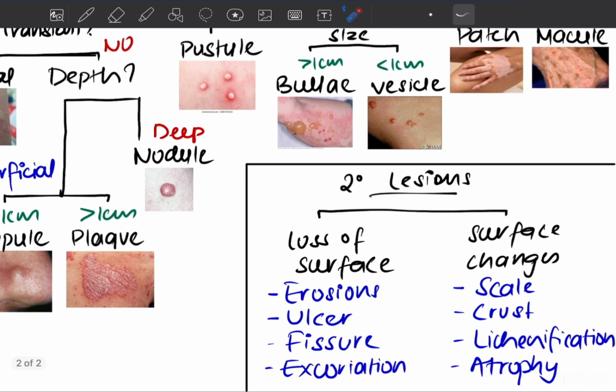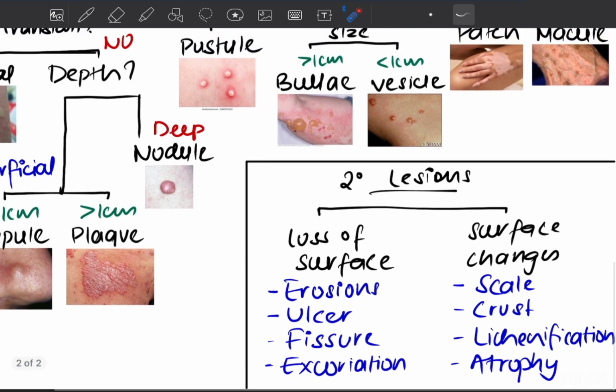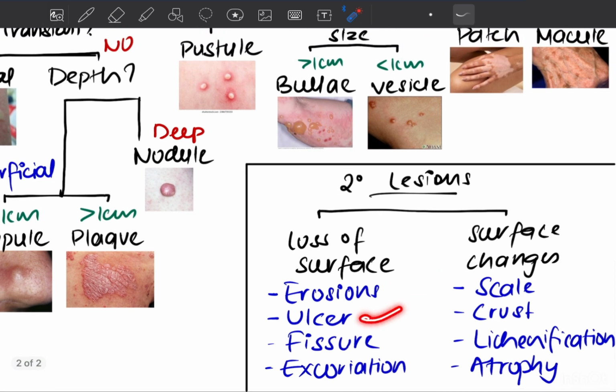So, if there is loss of surface, it becomes an erosion. Erosion can be seen in a vesicle. If a vesicle of chickenpox is scratched, then there are erosion and loss of surface, which can also be seen in a pressure sore, a fissure, which can be seen in athlete's foot, and excoriation, which can be seen from itching.